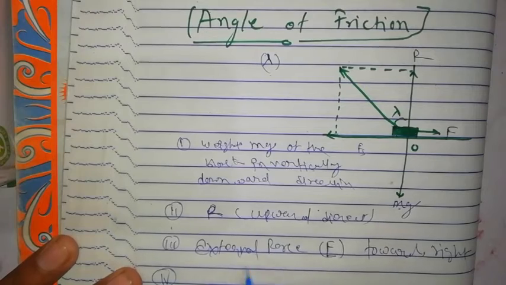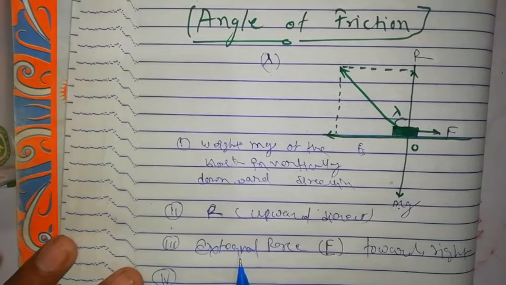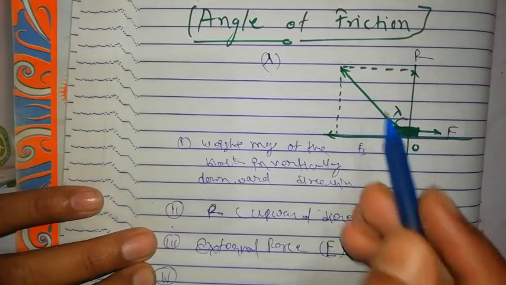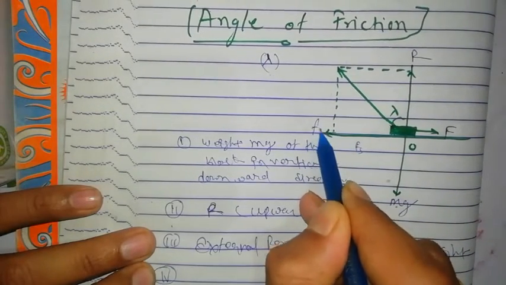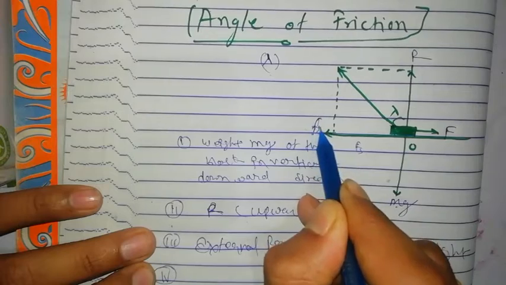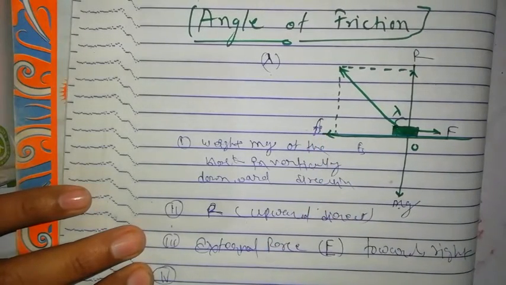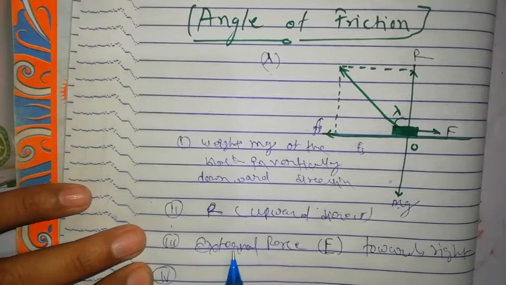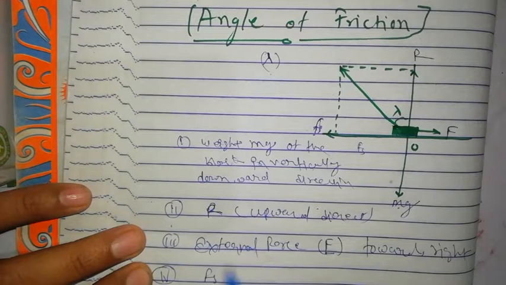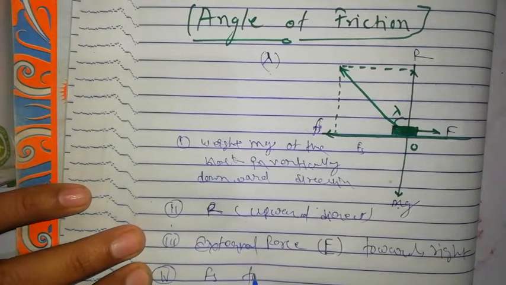And fourth, force of limiting friction Fs towards left.